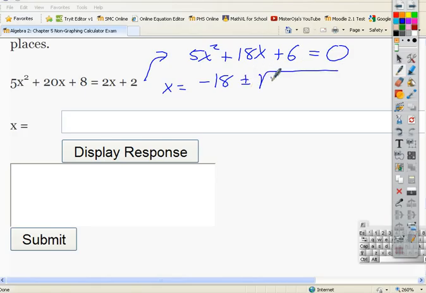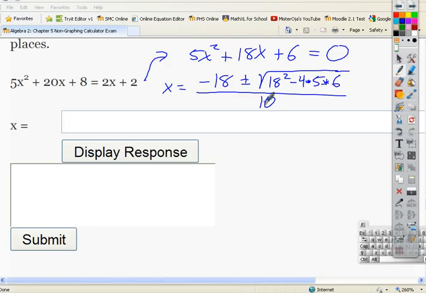I don't remember 18 squared, that's a doozy. What's that? I don't know that one. Somebody's got to tell me. I don't know off the top of my head. 324.